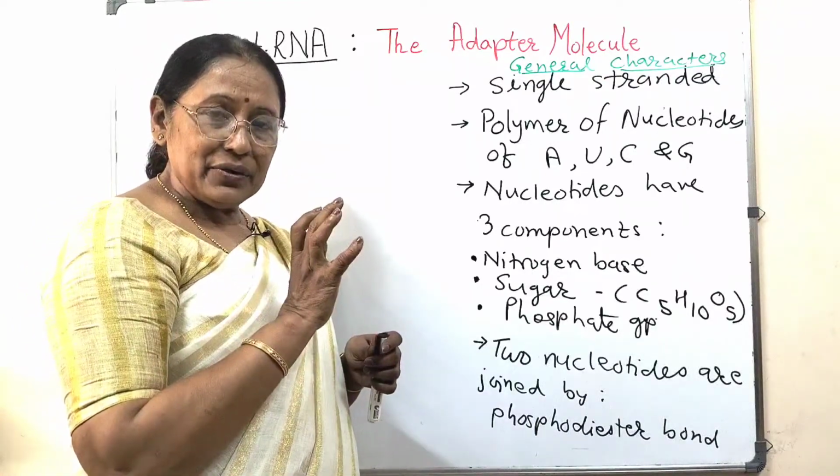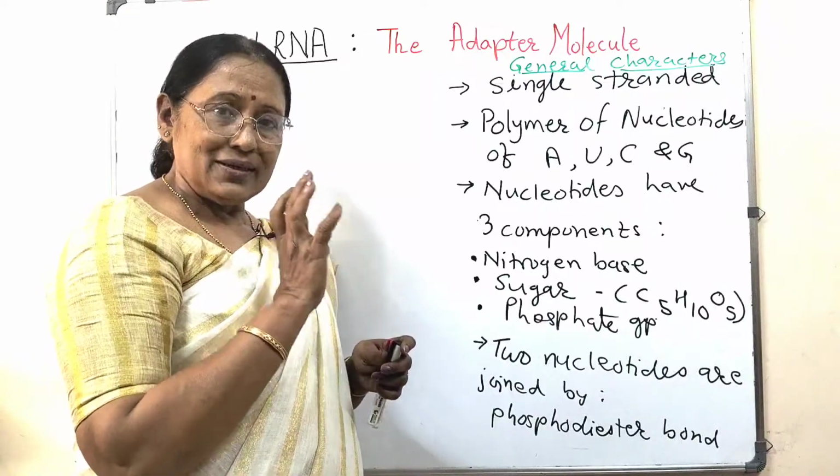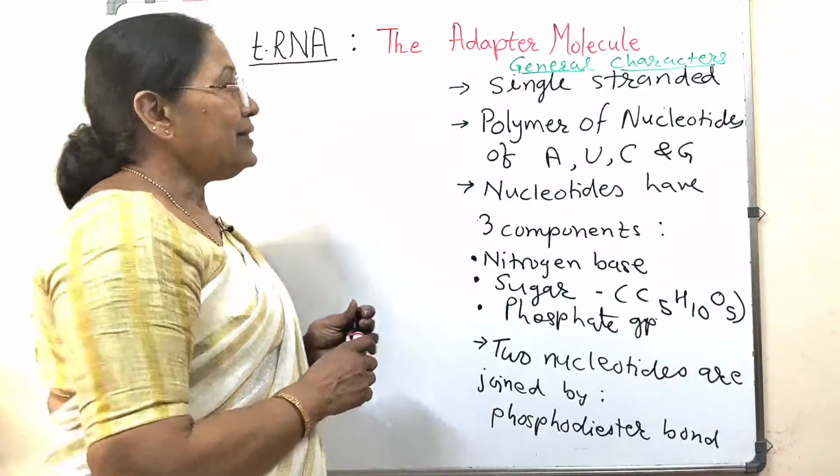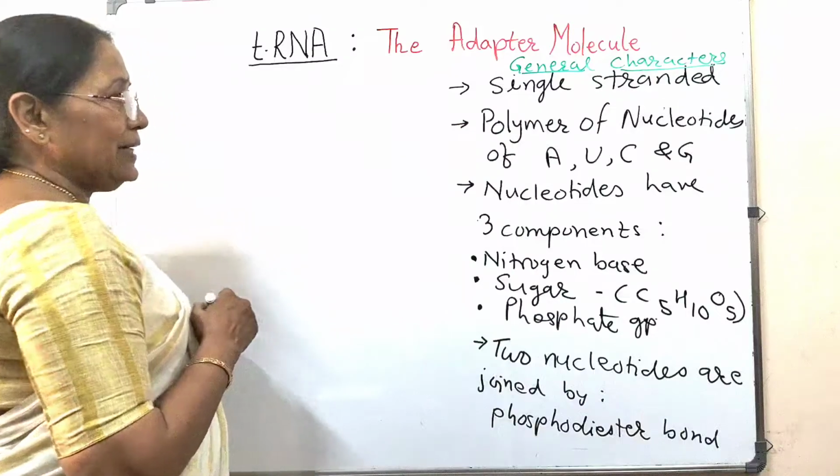tRNA is an RNA molecule, so it will show the general characters of RNA. That is, it is single-stranded.